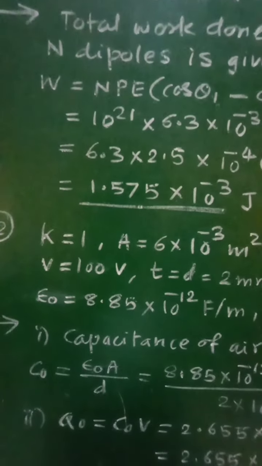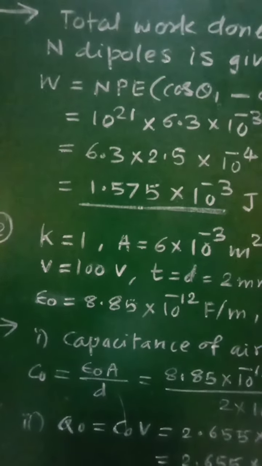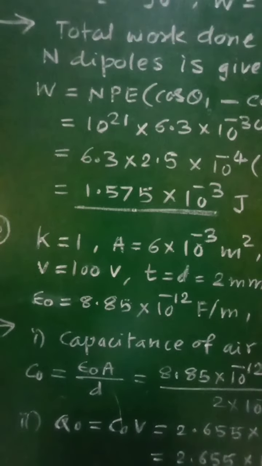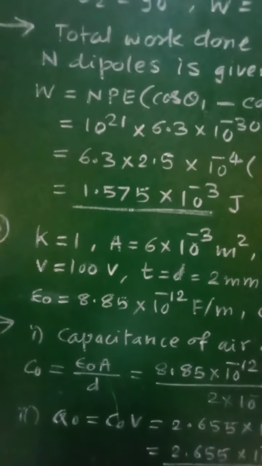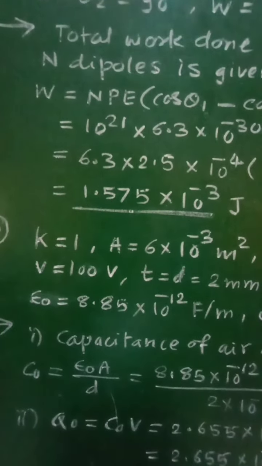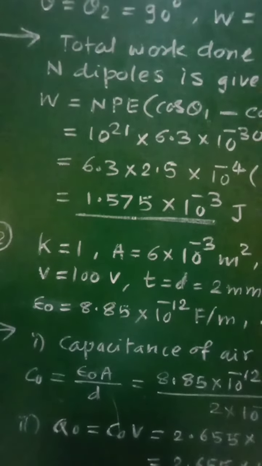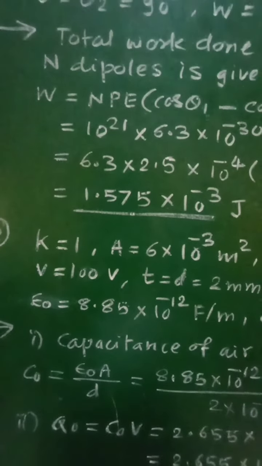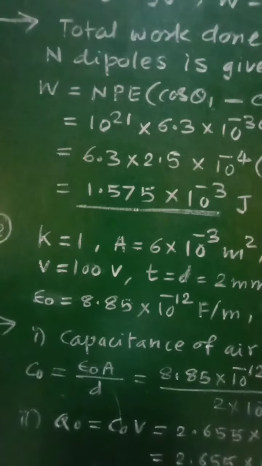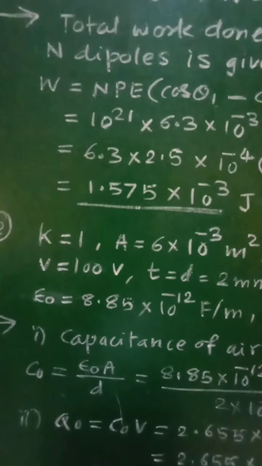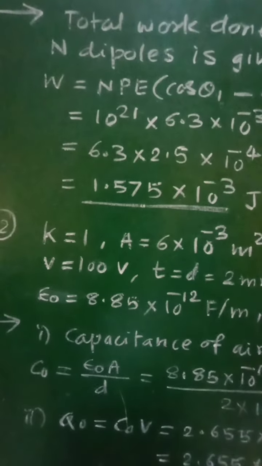And then C is, how would the charge on the plates be affected if a 2 millimeter thick mica sheet of K is equal to 6 is now inserted between the plates while the voltage supply remains connected.